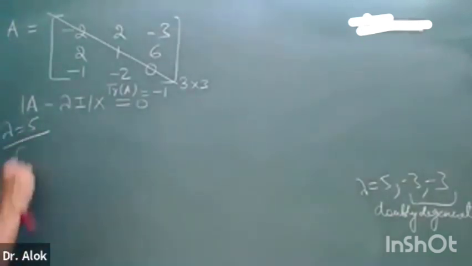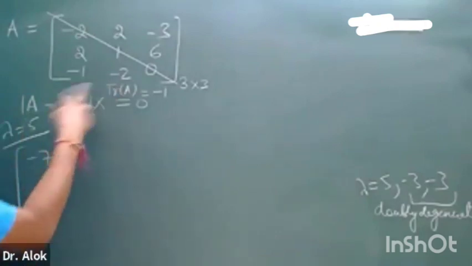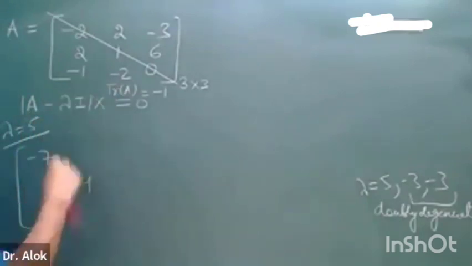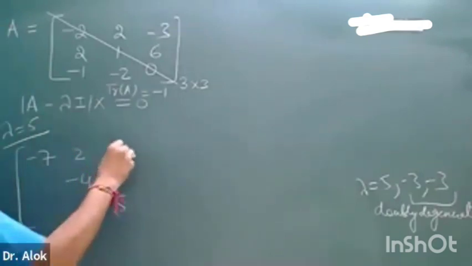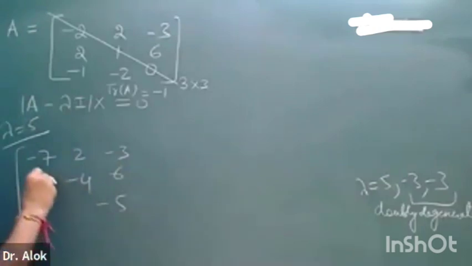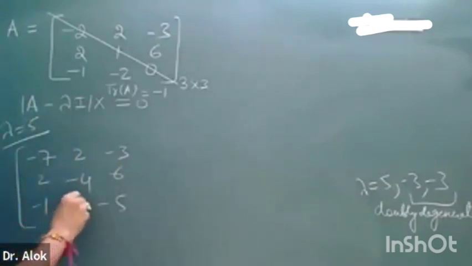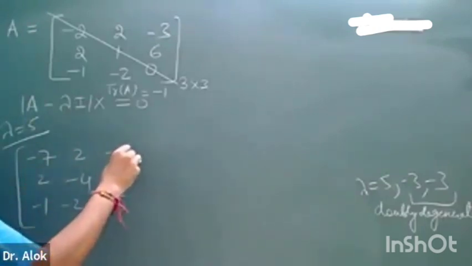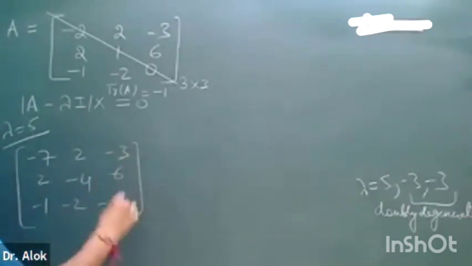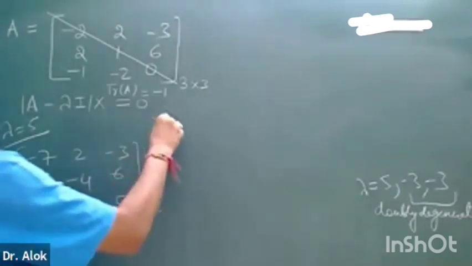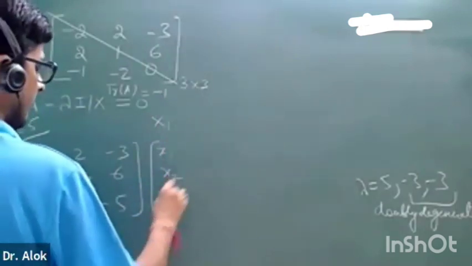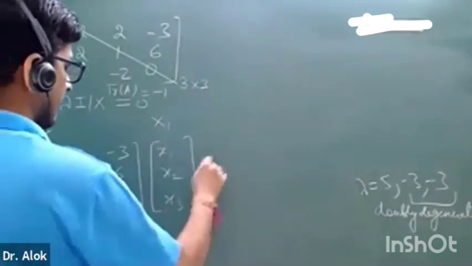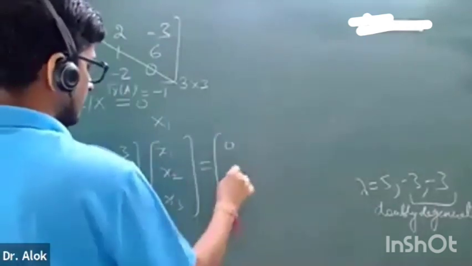So I will write minus 2 minus 5, minus 7, 1 minus 5, minus 4, 0 minus 5, minus 5, and then 2, minus 3, 6, 2, minus 1, minus 2, this into, suppose x1 is the eigenvector, x1, x2, x3, and this is equal to 0, 0, 0.